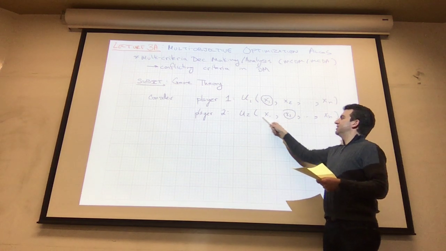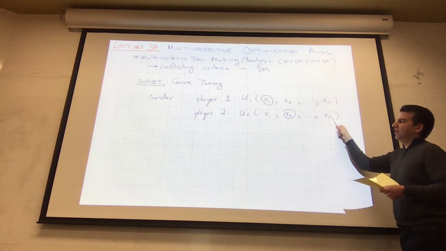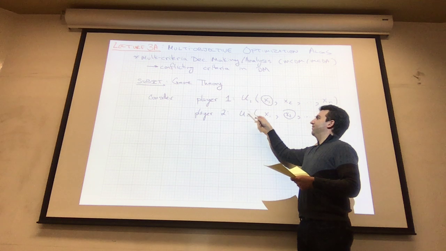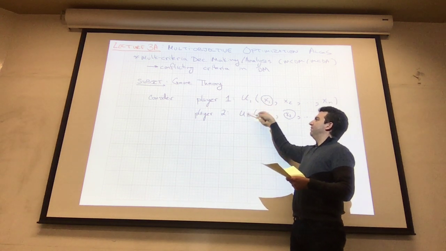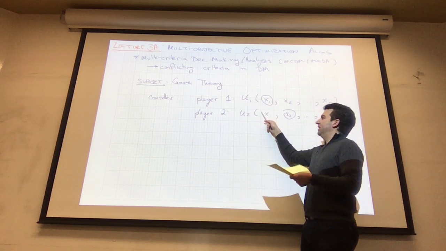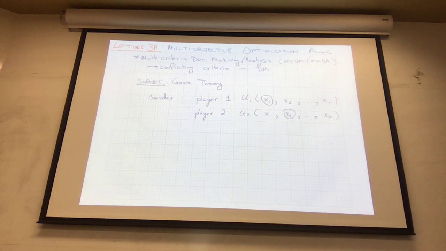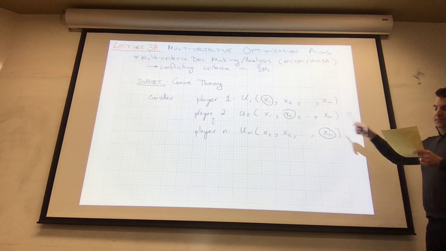She's stuck with whatever everybody else does here, and her benefit might be different than this benefit. So these might be different functions, but all of the functions are potentially affected by the decisions of all the other players. And you go all the way up to player N, who has player N's utility function, and player N only has access to that one there.